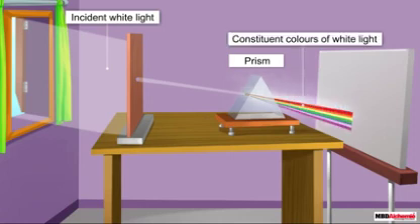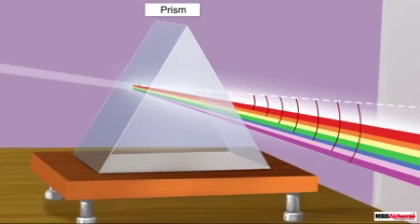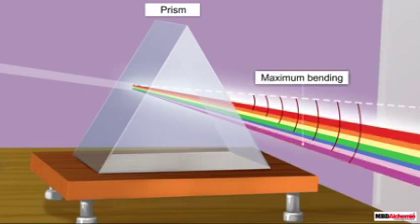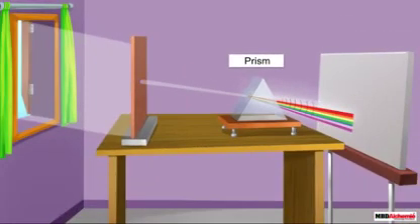The splitting occurs because different colors of the sunlight bend through different angles with respect to the incident ray when they pass through the prism. The red light bends the least, while the violet bends the most. Thus, the rays of each color emerge along different paths and become distinctly visible. Thus, we are able to see the beautiful band of colors.